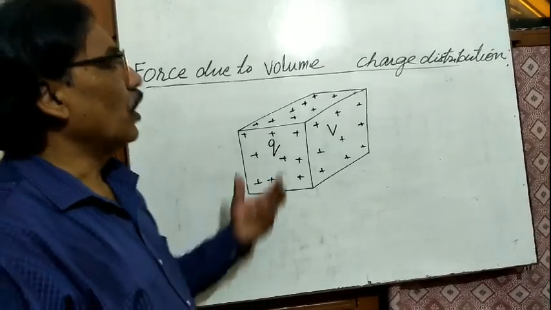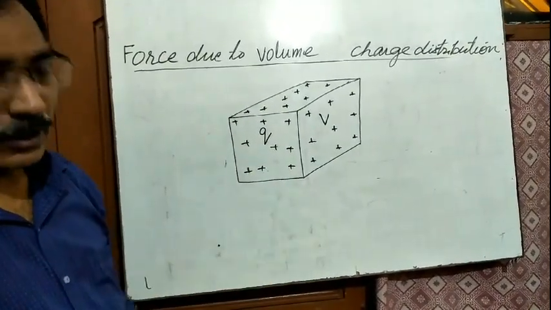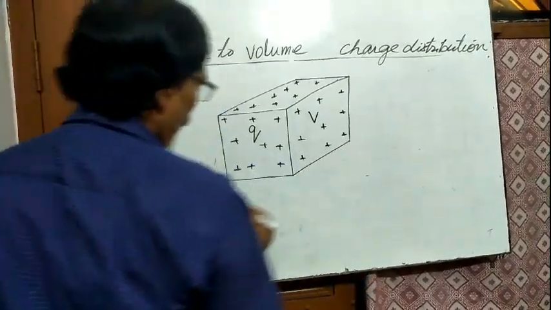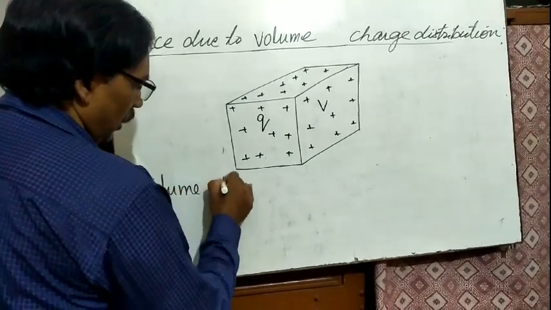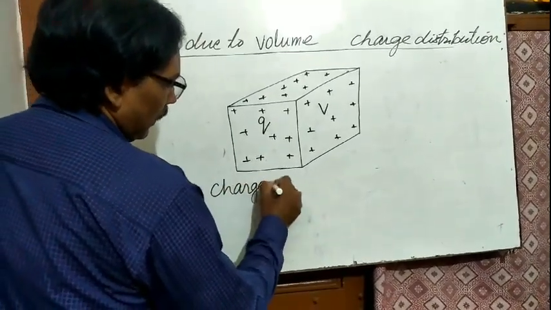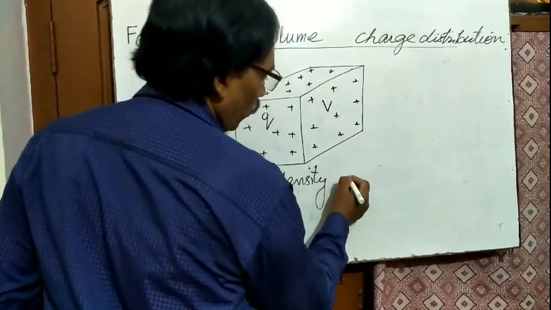Then what will be the volume charge density? Volume charge density is charge per unit volume. It is denoted by rho.